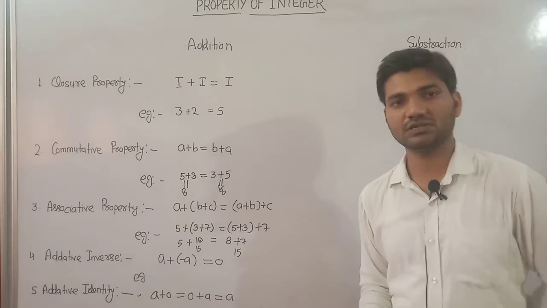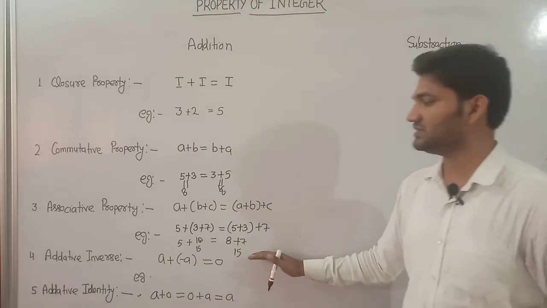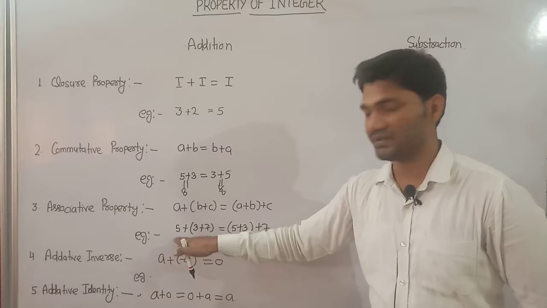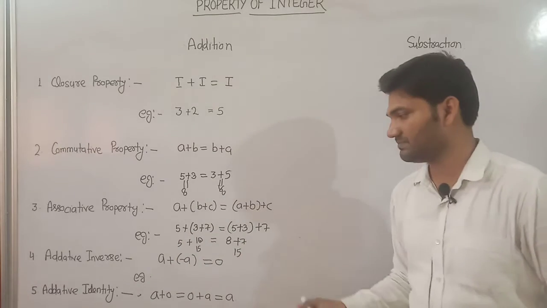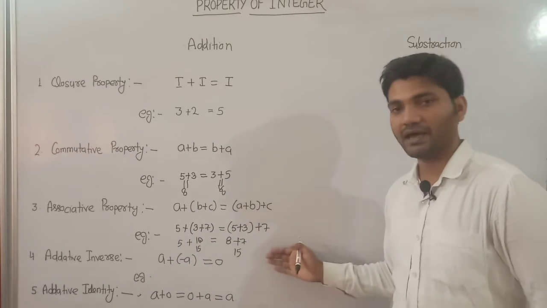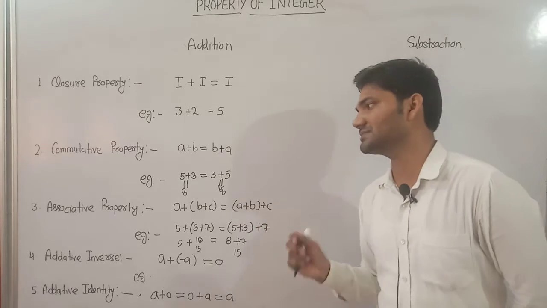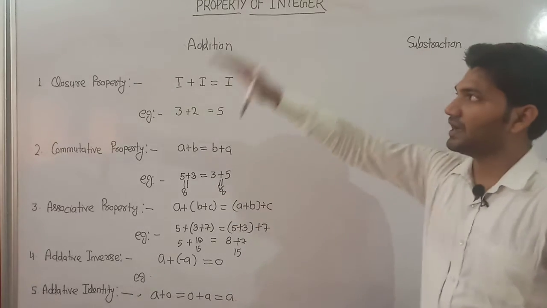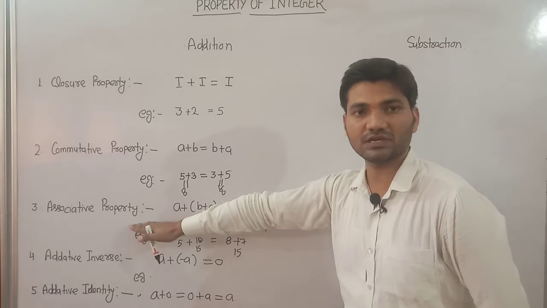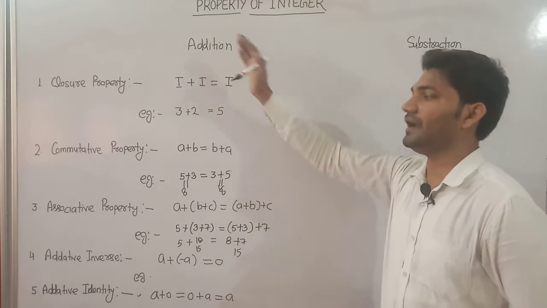It means the associative property is fulfilled for addition, because the result is the same on both the right hand side and the left hand side.